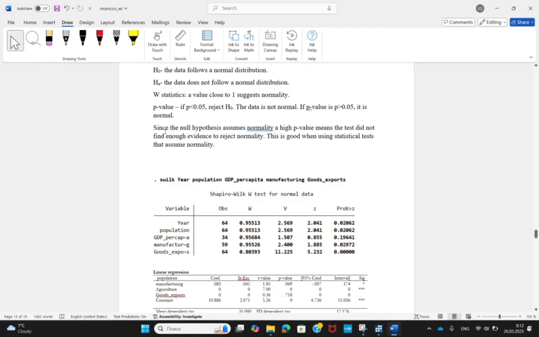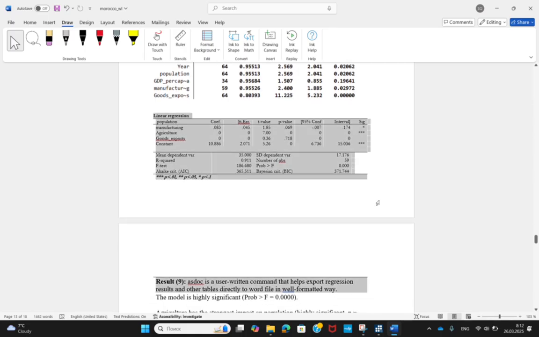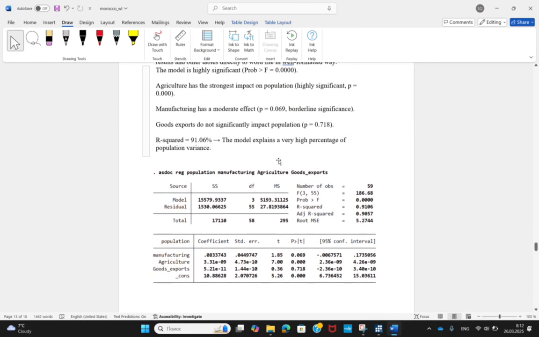Why? Because the null hypothesis assumes normality. A high p-value means that the test didn't find enough evidence to reject normality. This is good when using statistical tests that assume normality. This is the file version of this result.